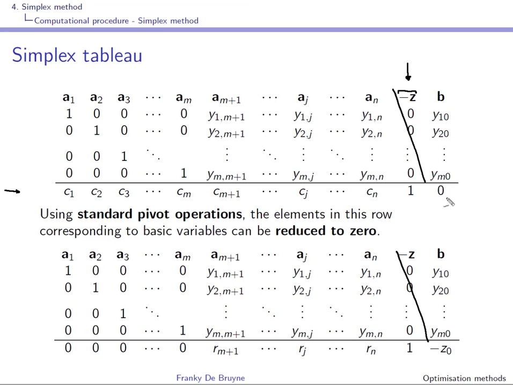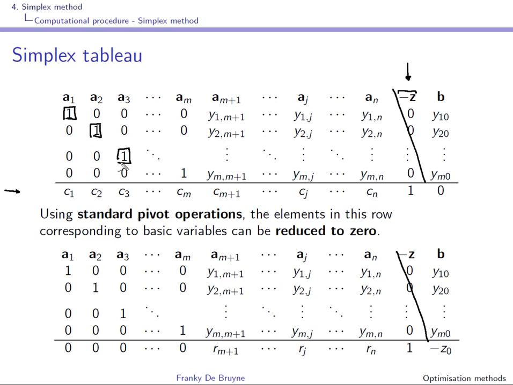If you look at this new tableau, which we now call a simplex tableau, it is not in canonical form, because we have here the basic variables and we do not have zeros below the pivots over here.